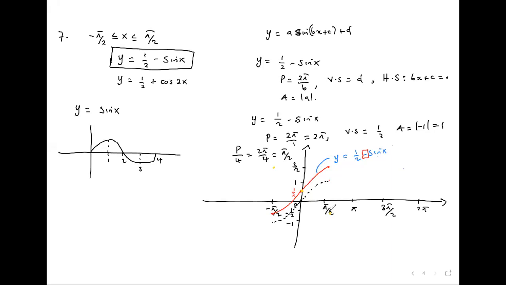So it will go this way, and then this way. So what will be our graph is not this, but this one. Undo. Okay. But this one, y is equal to half minus sine x.